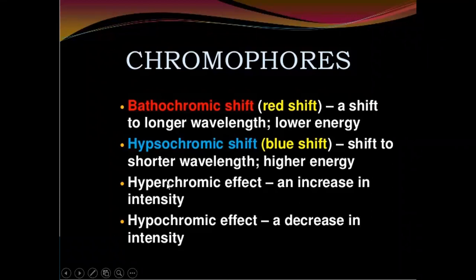If there is increased absorption intensity, then that is hyperchromic shift. The effect leading to increased absorption intensity is hyperchromic, and if there is a decrease in the absorption intensity, that is hypochromic shift.